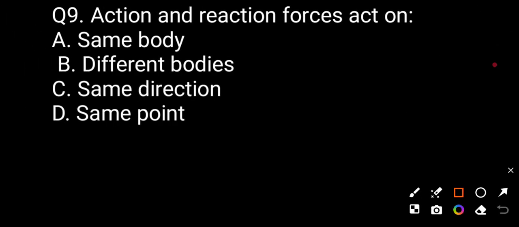Action and reaction forces act on: option A, same body; option B, different bodies; option C, same direction; option D, same point. The correct answer will be different bodies. So option B is correct.